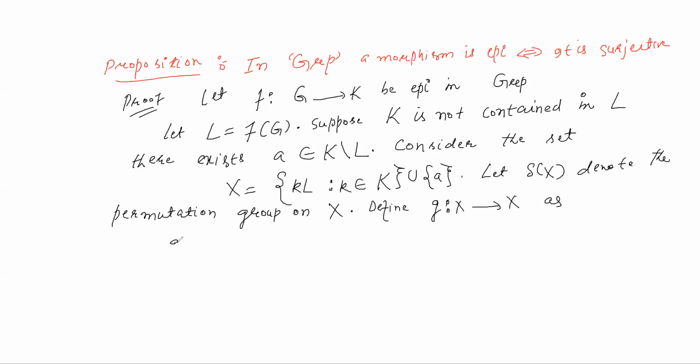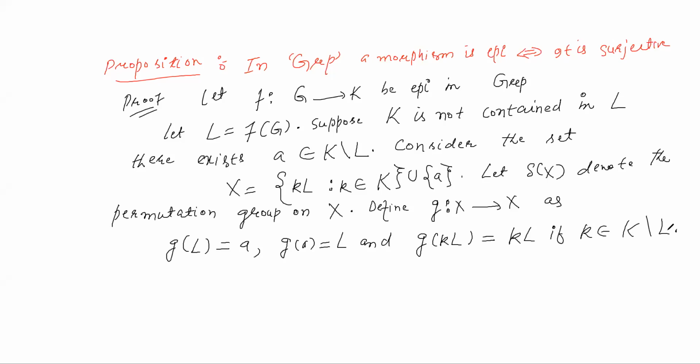We define g of L, because when k is 1 it would be L, so g of L we define as a, we define g of a as L, and we define g of kL equal to kL if k belongs to K minus L. Okay, so it is sending L to a, a to L, and kL to kL.